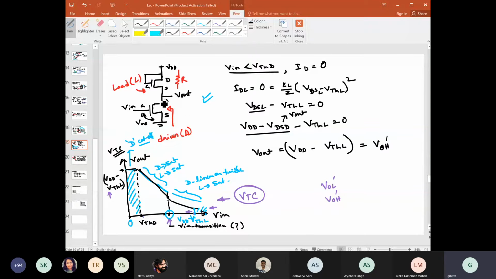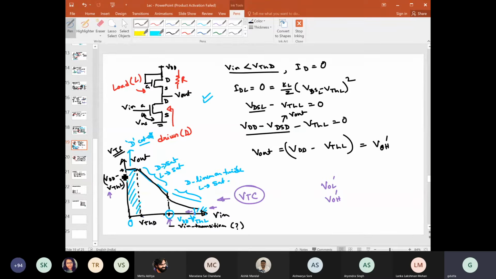Because if you have understood this, you know the expression in all the regions, so you should be able to find the required points, even the switching threshold of this inverter. Because you know the equation, you simply substitute Vin equal to Vout to find the switching threshold.